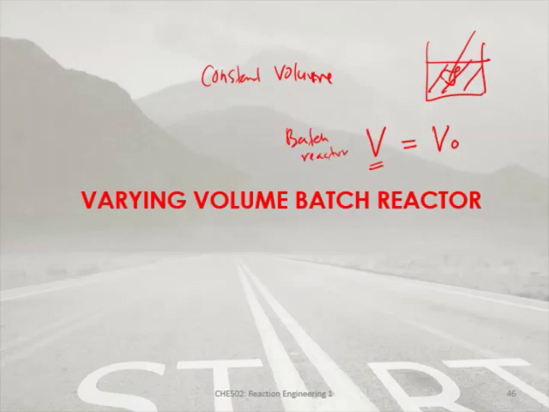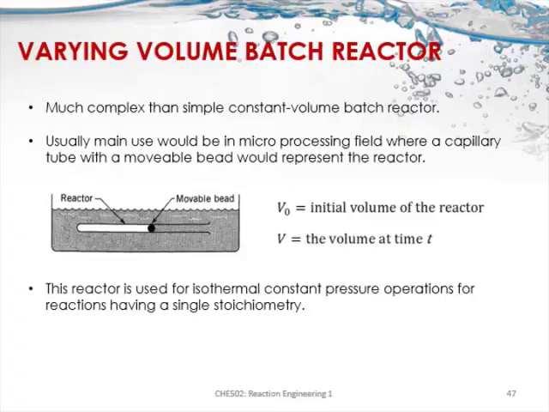However, we do have batch reactor with variable volume or varying volume. Let's look at the next slide. This is some explanation, much more complex than the simple constant volume batch reactor.